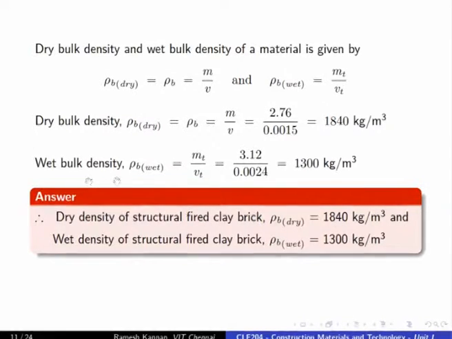Whereas in the wet bulk density, it is the total mass of the material, that is mass of material plus mass of water, which is 3.12, and total volume of the material, that is volume of material plus the volume of the water, which is 0.0024, which comes to 1300 kilogram per meter cube. And this concludes the problem.